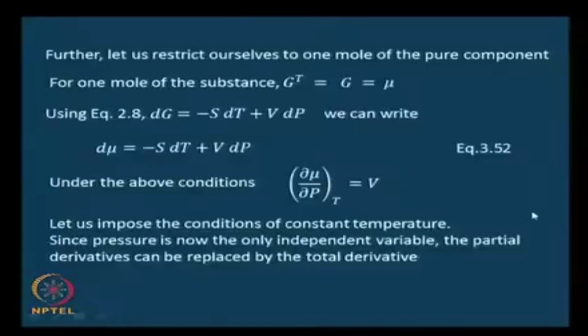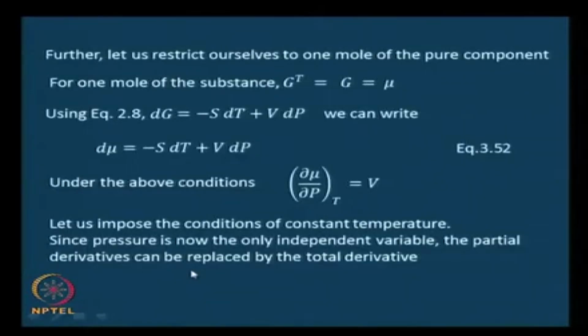We initially said we have constrained it to 1 mole of a pure substance already, and the only variables that we are concerned with now were the temperature and pressure, and now that we have also kept the temperature constant, pressure becomes the only variable. If you have a single variable system, you do not have to look at partial derivatives anymore.